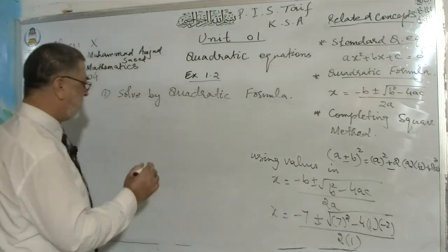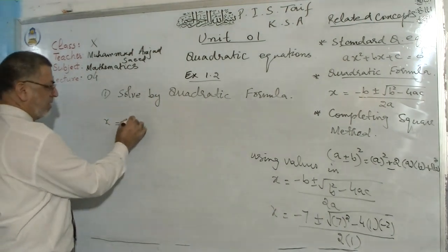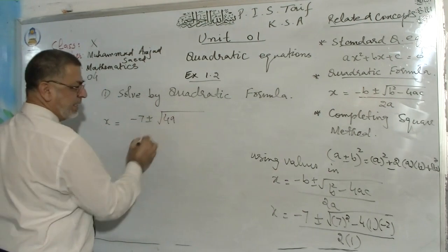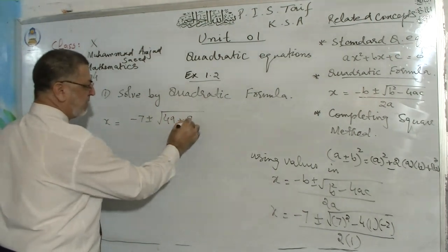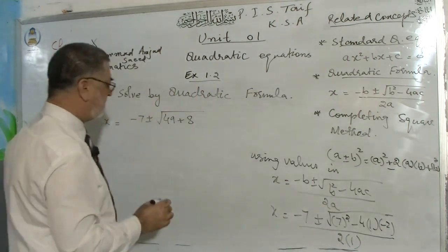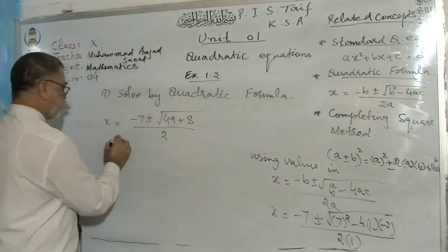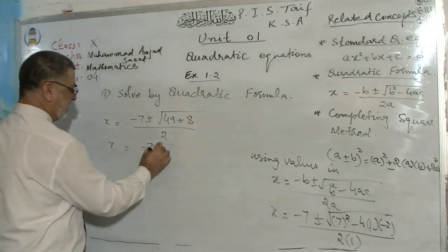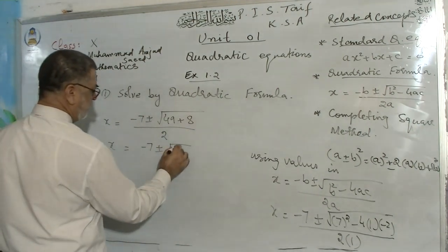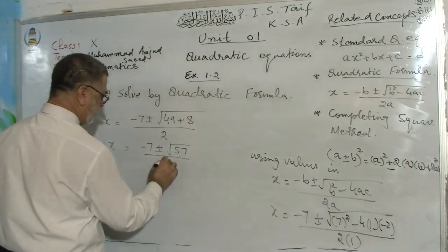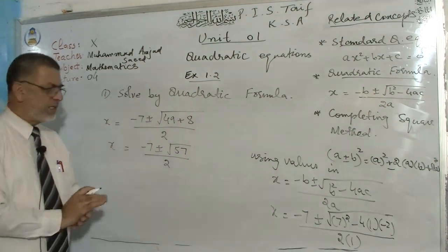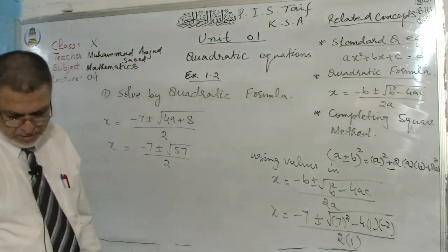X is equal to minus 7 plus minus square root of 49 plus 8 over 2. So x is equal to minus 7 plus minus square root of 57 over 2. 57 is the number, we cannot get it outside.